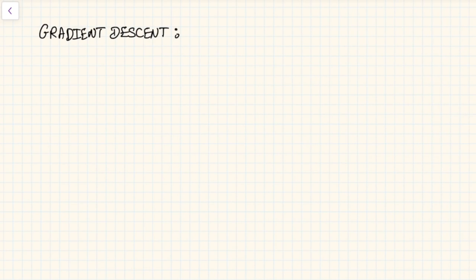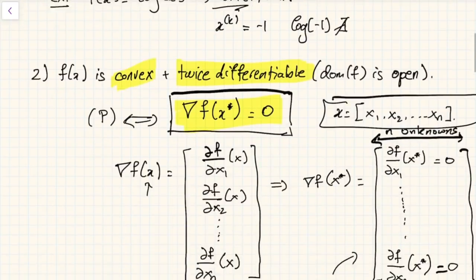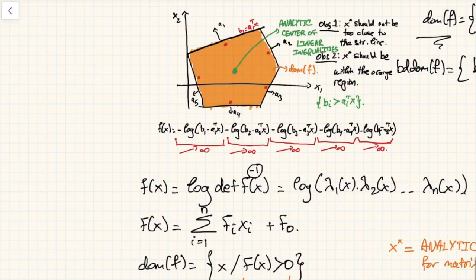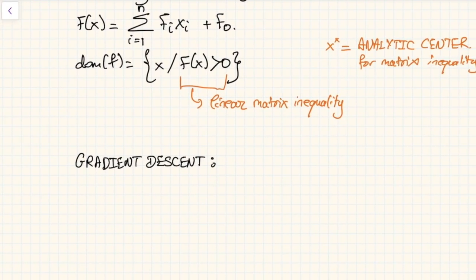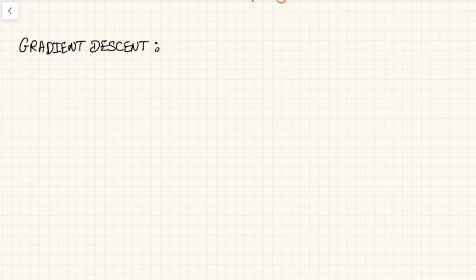So remember when we said up here that algorithms that aim at minimizing f of x should generate a sequence of points x0 down to xn? Well, this is what gradient descent does. It's one algorithm that tells you how to generate this sequence of points. And this sequence is going to minimize f of x step by step.